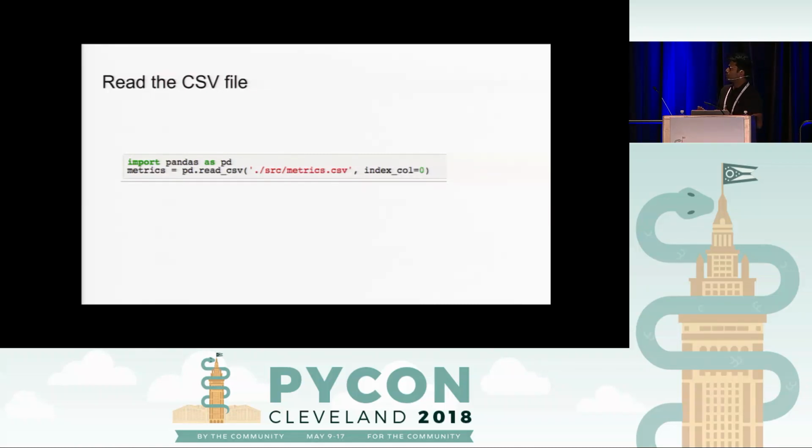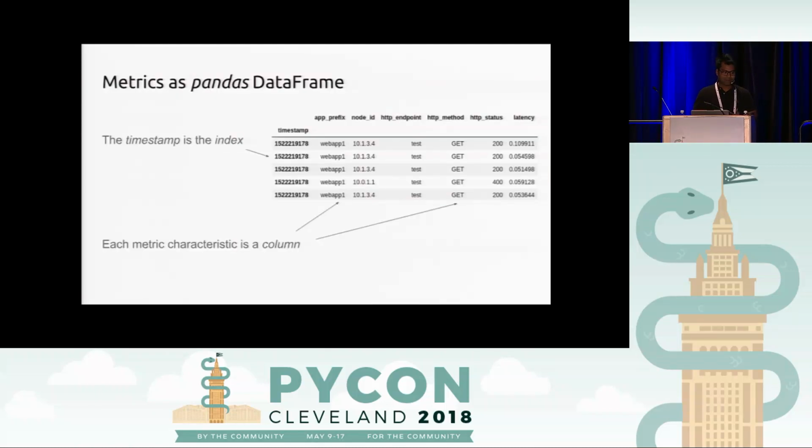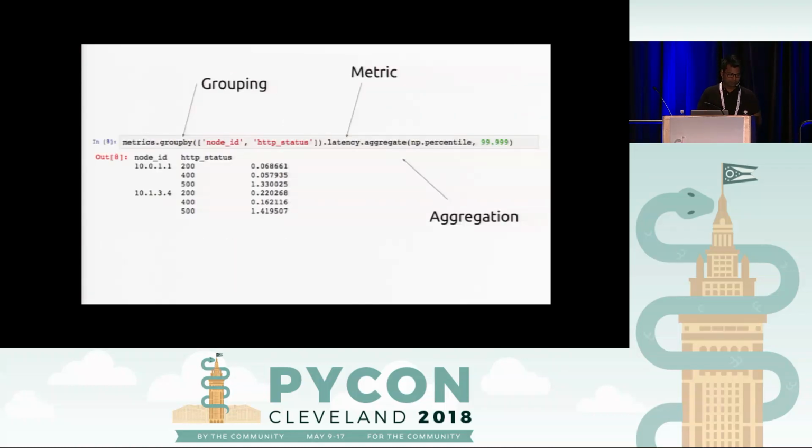The first thing we do with pandas is read this CSV file using the read_csv function, and that gives us a data frame where the timestamp, which we reported the metric at, is the index, and then each metric characteristic is a column, corresponding to the CSV file. The next step is we can do things like grouping.